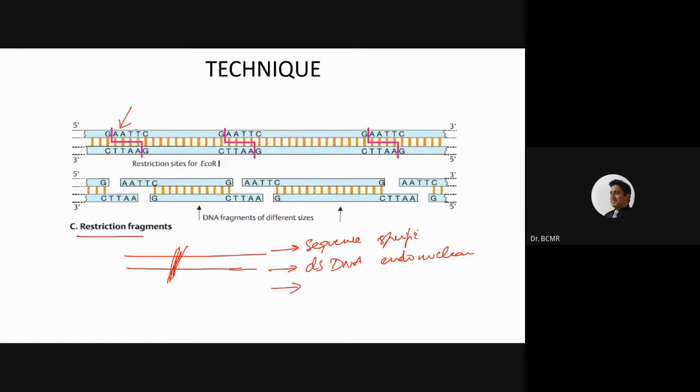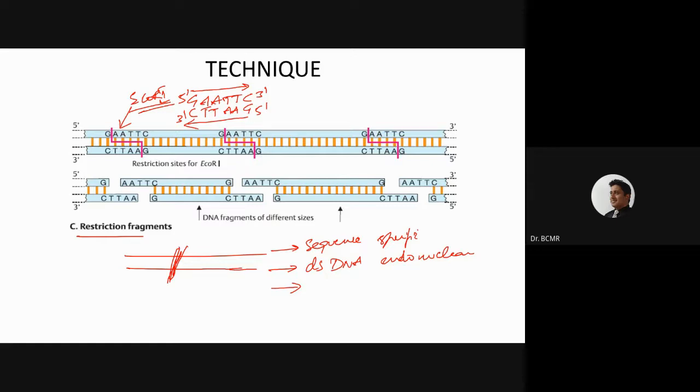This is a restriction site for EcoR1. EcoR1 recognizes GAATTC. So I hope you can see GAATTC and the complementary strand. Always read from 5' to 3'. And reading in this direction is the same as reading in this direction, right?